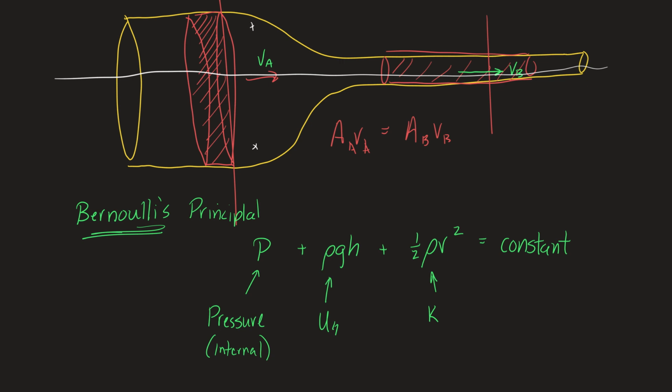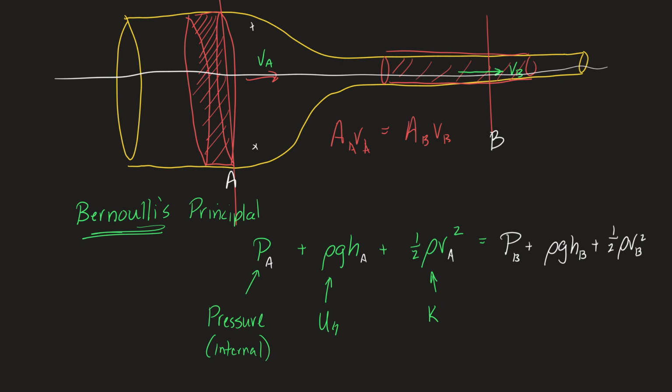So what we say in this situation is that the pressure at A, the height at A, and the velocity at A, where A is right here, has got to be equal to the pressure at B, the gravitational potential energy at B, plus the kinetic energy at B. Now, again, I said to you guys, this works with Pascal's principle.